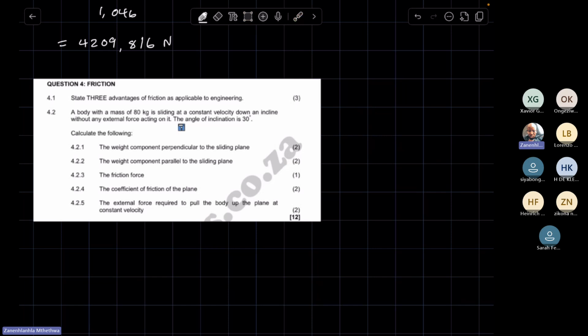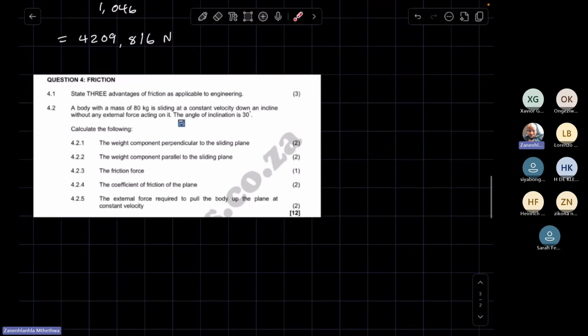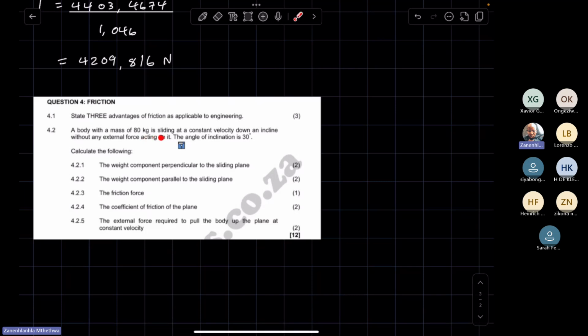Let's look at the statements. A body with a mass of 80 kgs is sliding at constant velocity down an incline without any external force acting on it. The angle of inclination is 30 degrees.